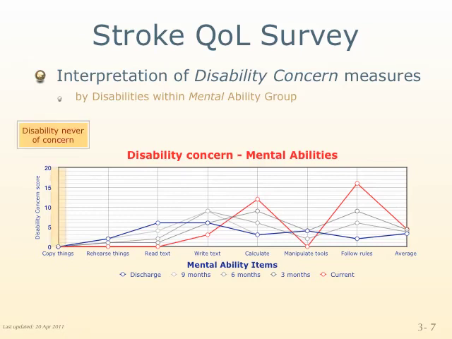First, it shows that the ability to copy things, or ICF code D130, has never been of concern.